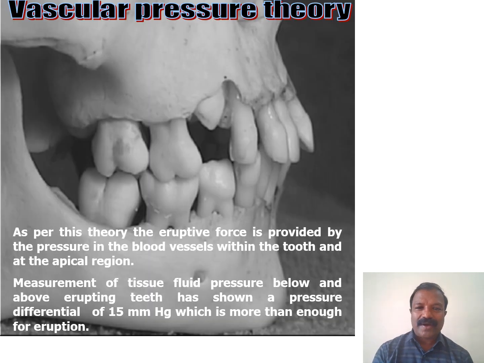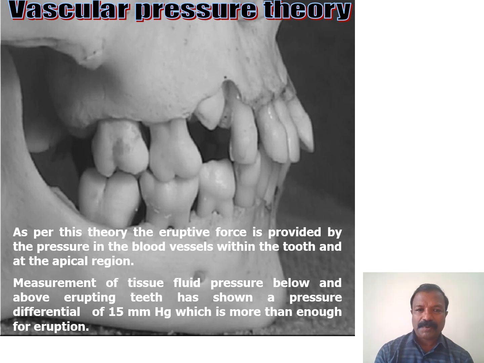So next is vascular pressure theory. As per this theory, the eruptive force is provided by the pressure in the blood vessels within the tooth and at the apical region. Measurements of tissue fluid pressure below and above erupting teeth has shown a pressure difference of 15 millimeters of mercury, which is more than enough for eruption.